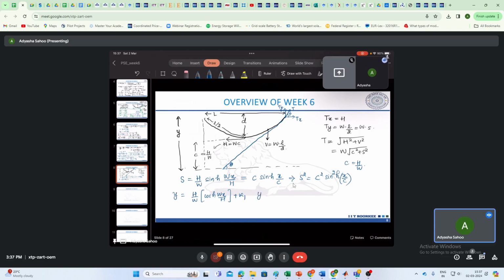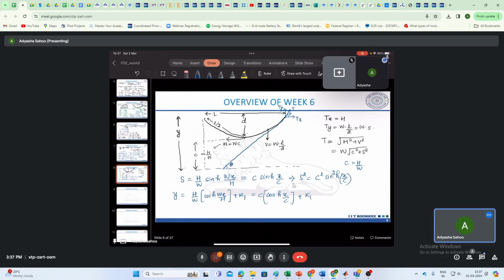So again, that will come out as y equal to C cos h x by C plus k1.